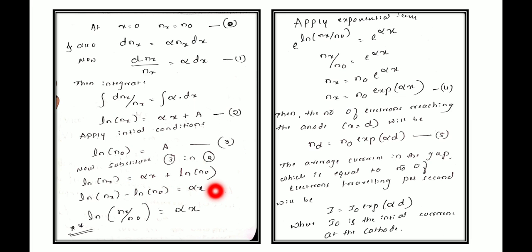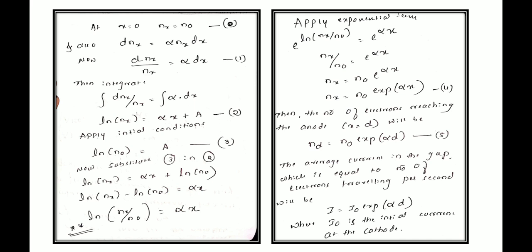Alpha x here. We know the formula for ln A minus ln B is equal to what? ln of A divided by B. We know the mathematical formulas, right? So ln of n(x) minus ln of n naught, I can write as ln of n(x) divided by n naught.